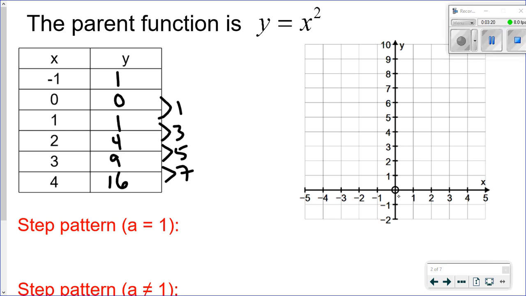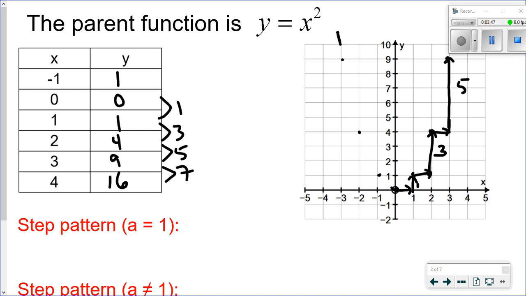So I know that my vertex is at 0. If I go over 1, up 1, I can find my next point. Over 1, up 3, there's my next point. Over 1, up, what is that? 5. So that takes us all the way up to the 9. We can find my next point.